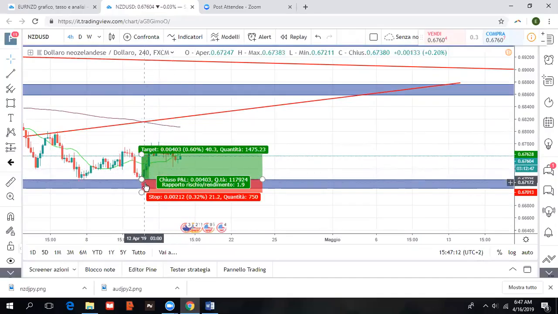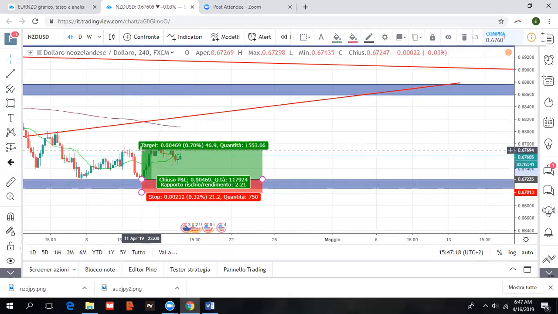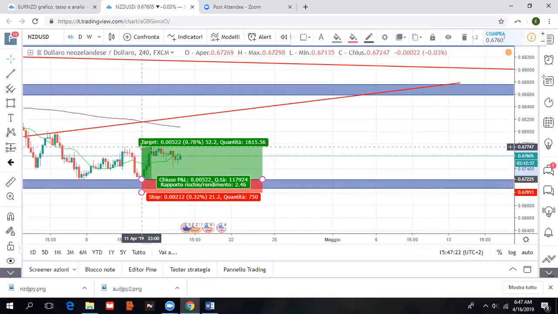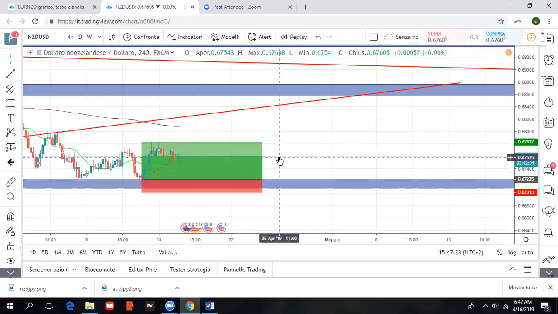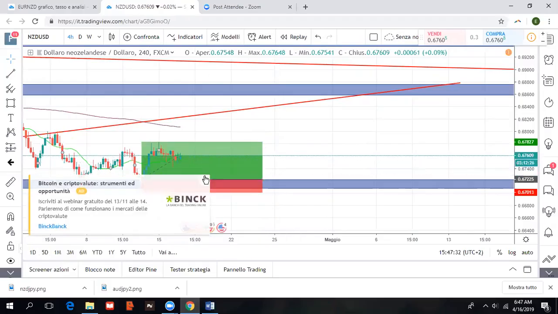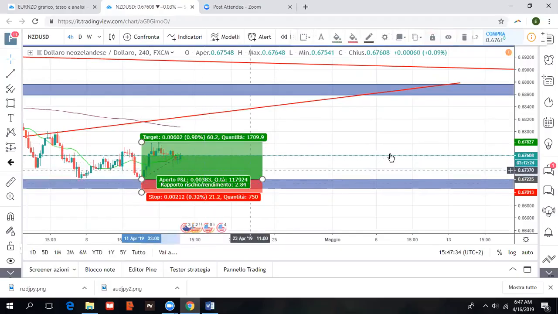without any drawdown. And so if you want to have a risk reward of 1 to 3, then it will be a take profit of 60 pips, and in this case to 0.6782. Obviously, if your take profit is bigger, you need to have more patience.